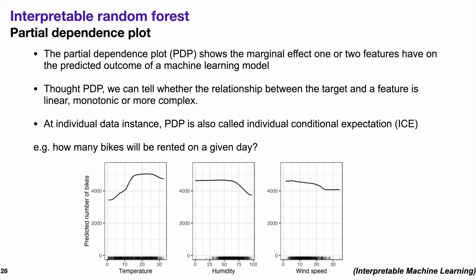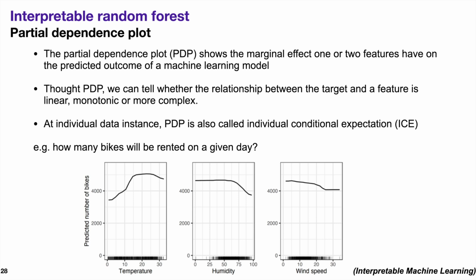We can visually show whether the relationship between the target and the variable is linear, monotonic, or a more complex non-linear relationship. When we look at the partial dependence plot at the individual level, it is also called the individual conditional expectation. And the mean value of all these individual conditional expectations composes the global partial dependence plot.